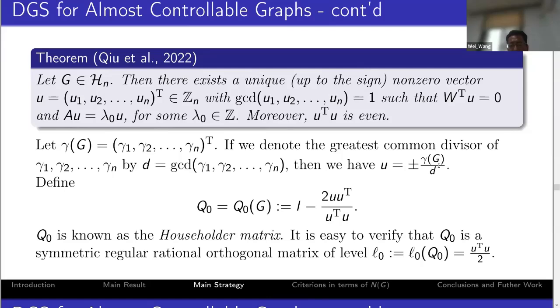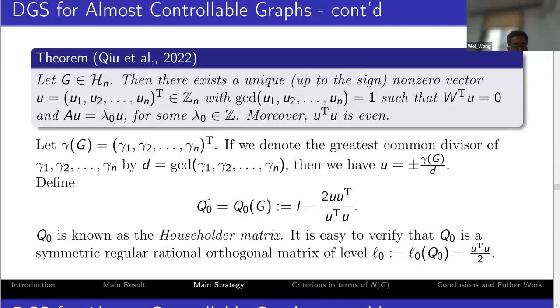Because the rank of W is n minus 1, its null space is one-dimensional. So both U and this vector are integral vectors whose entries are co-prime, so they must be equal, or differ by a sign.